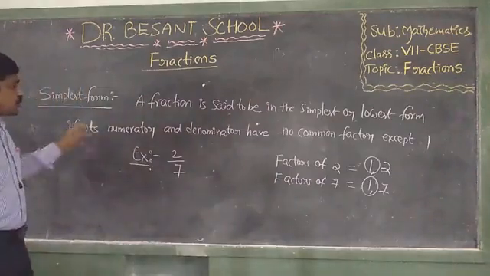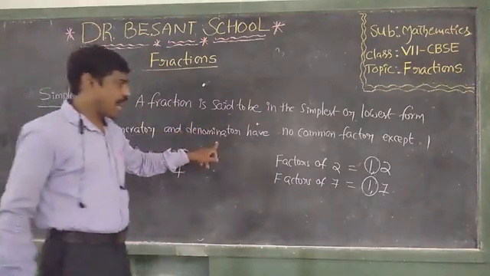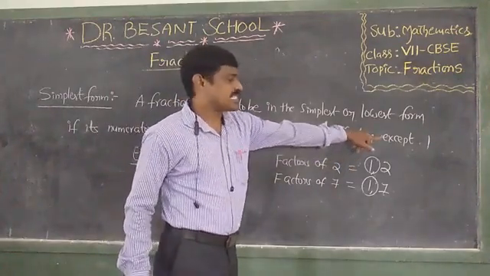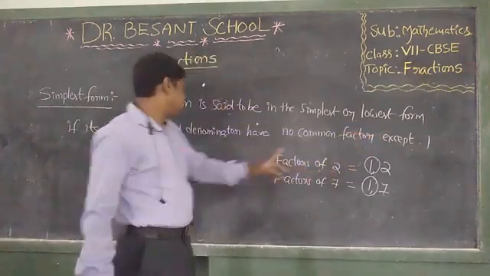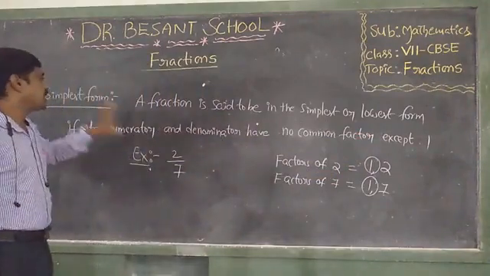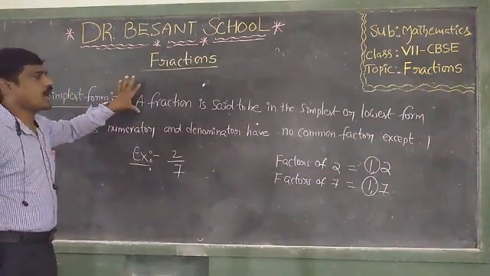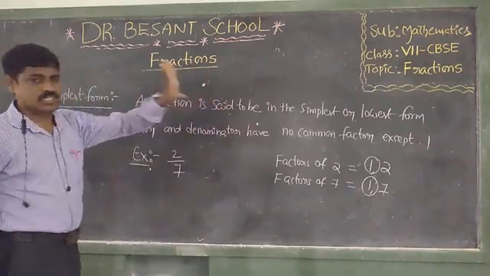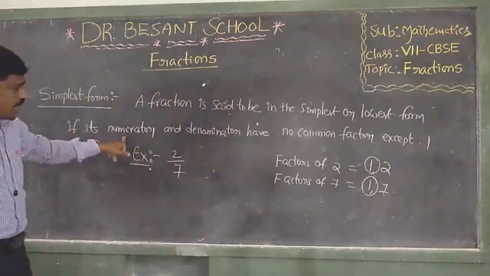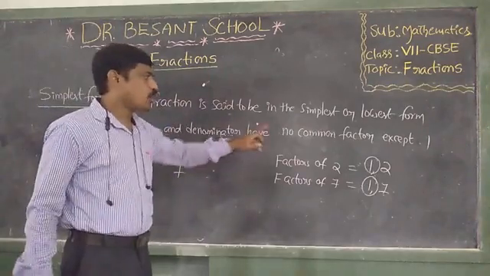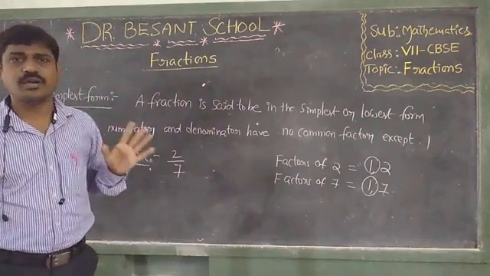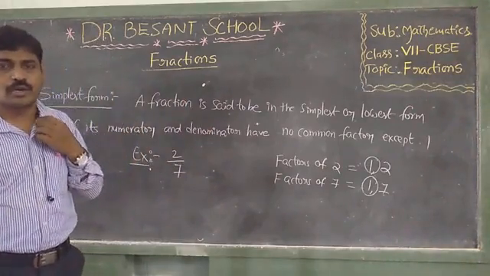So if its numerator and denominator have no common factor except one, then that fraction is said to be in the simplest or lowest form. Is it clear, children? Note down.